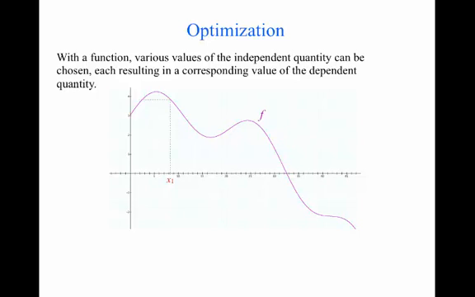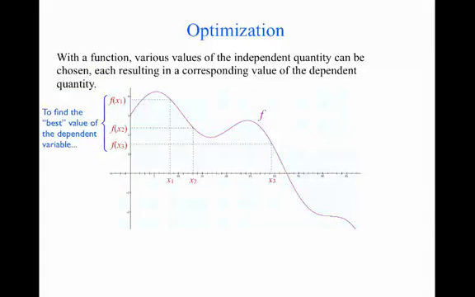So if I choose x1 here, that indicates some value for the other quantity. This is just the general idea of an amount function, or even a rate function. For any given value of the independent variable, there's a corresponding value of the dependent variable. So optimization is about what's the best value of the dependent variable.